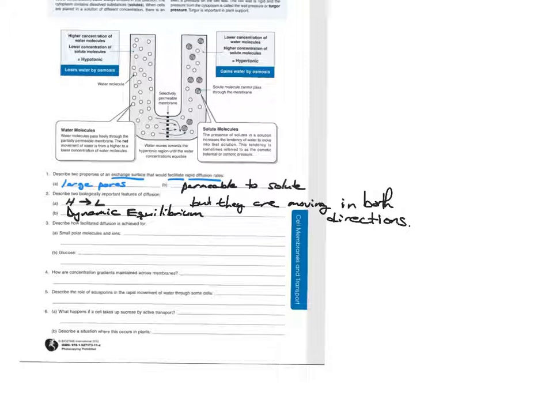It's just that most of the movement's from high to low, and secondly, there will be a point where both sides will be about equal concentration. So the movement in both directions will mean that there won't be any change in the concentration. Is that correct? Everybody okay with that? We've gone over that, so this is not new, right?